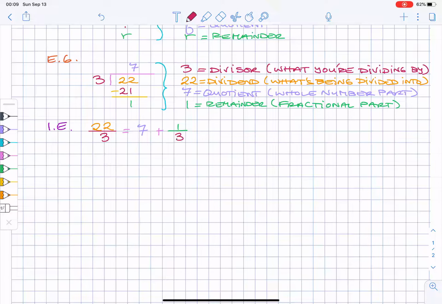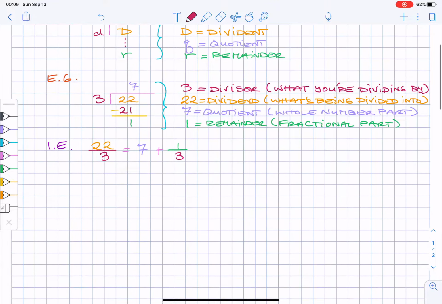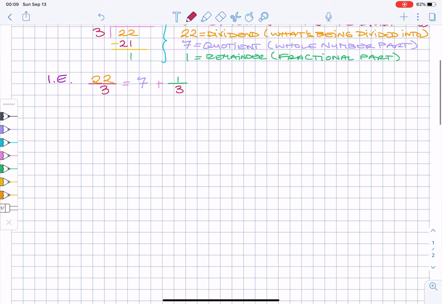So 3 goes into 22 7 whole times with 1 left over. Okay, so hopefully that makes sense.